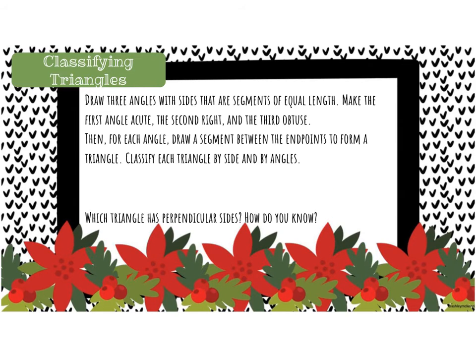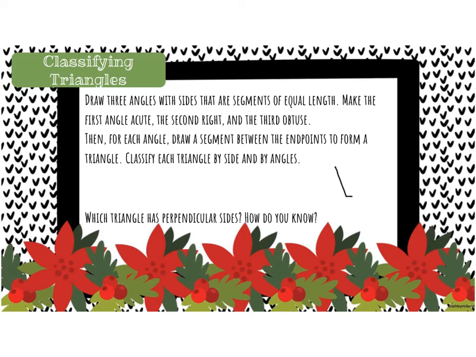Cool. On your whiteboard or on a sheet of paper, I want you to draw three angles. Any three angles, not triangles yet. I want you to start with three angles with sides that are segments of equal length. So what does that mean?